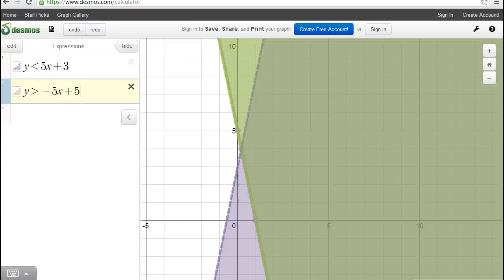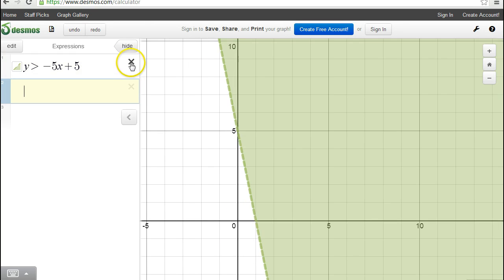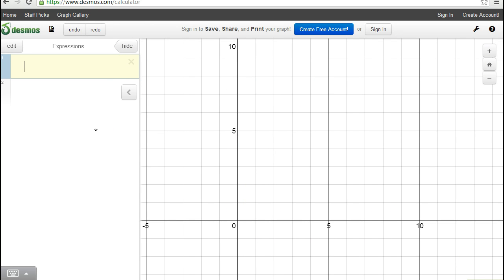Okay, so let's look at this. Let's graph the two inequalities on this graph. Remember, we like this one, right? Because it shows you a really nice graph. So we're going to graph y is equal to what? What's the first one? Y is less than 5x plus 3.